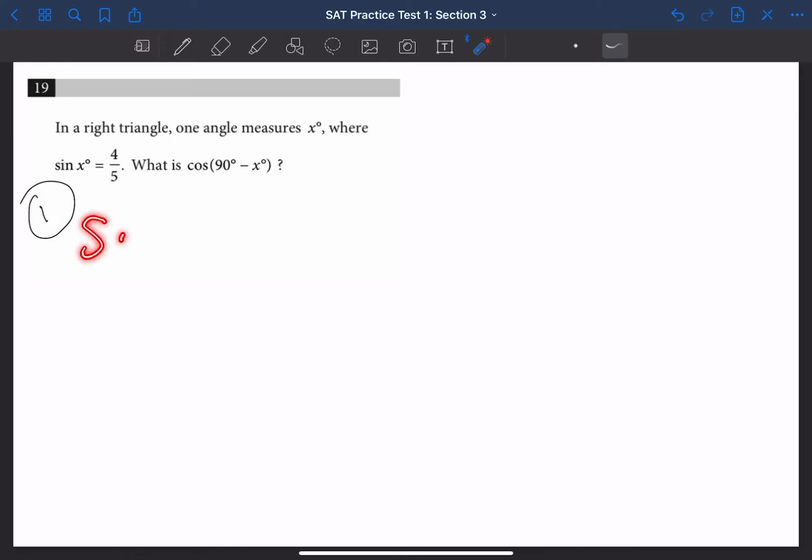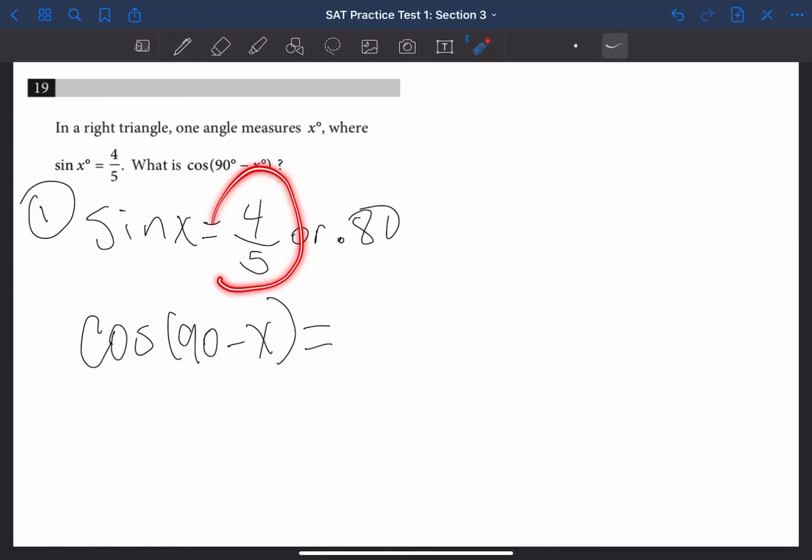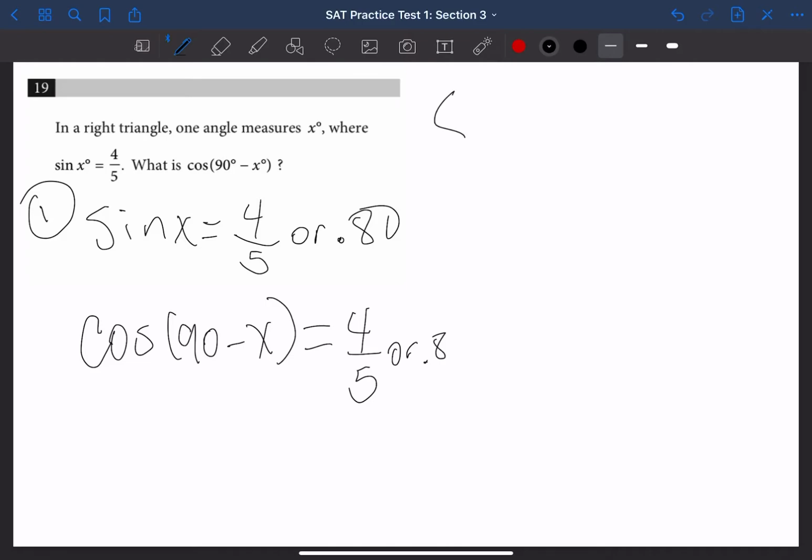So if sine of x equals 4/5 or 0.80, that means cosine of 90 minus x should also equal 4/5 or 0.80. So it's going to be 4/5 or 0.80. That's one way to do this problem.